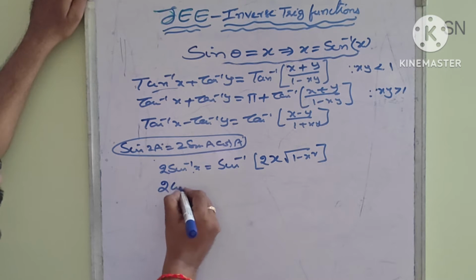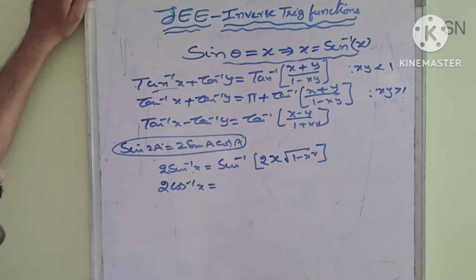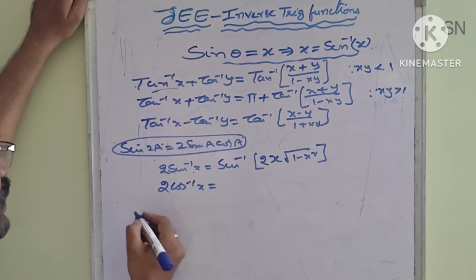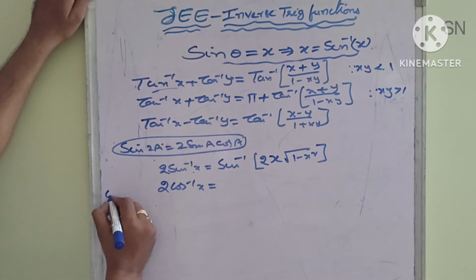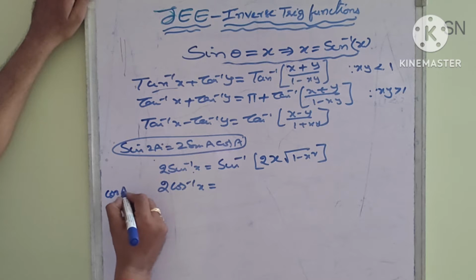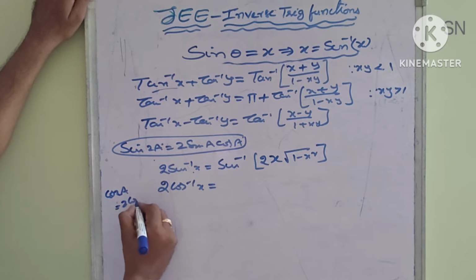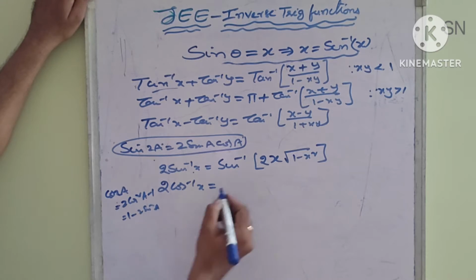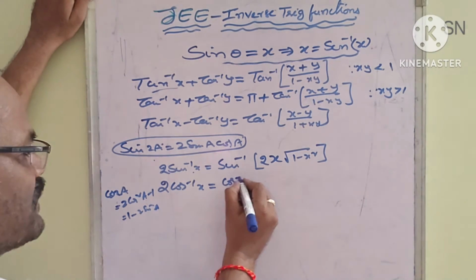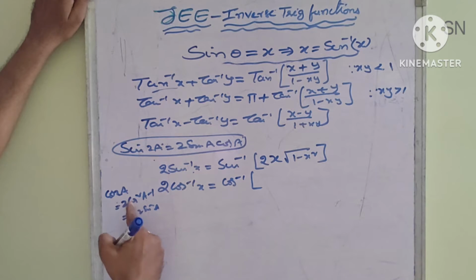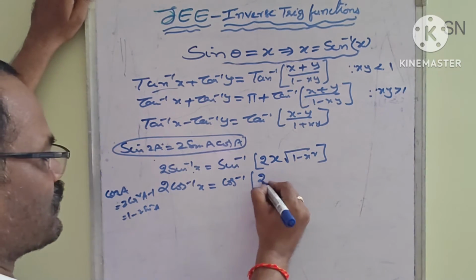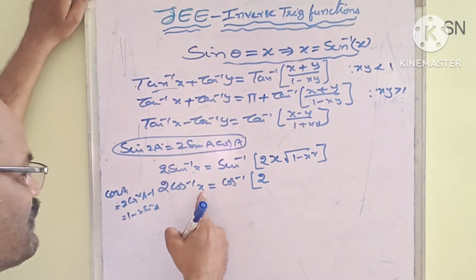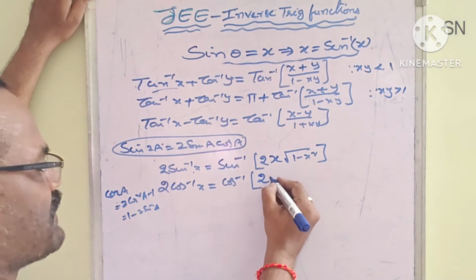And here 2 cos inverse x. We know that cos 2a is 2 cos square a minus 1, or 1 minus 2 sin square a. Now cos inverse of 2 cos square a minus 1. So cos inverse x is equal to a, then x is equal to cos a.